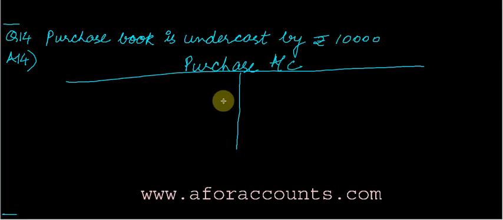So when it is undercast by 10,000, all I need to do is just place 10,000 in the debit side, because it is undercast by 10,000, and that will remove the error. So what will I write here? I will write here, to undercasting of purchase book 10,000.